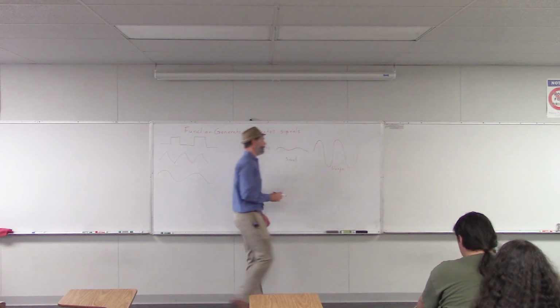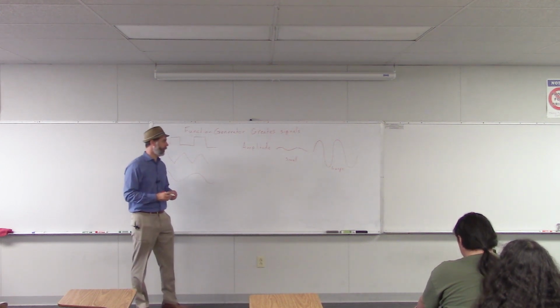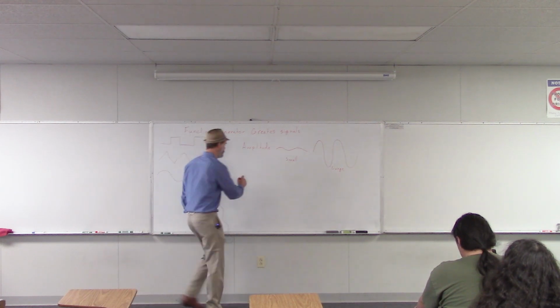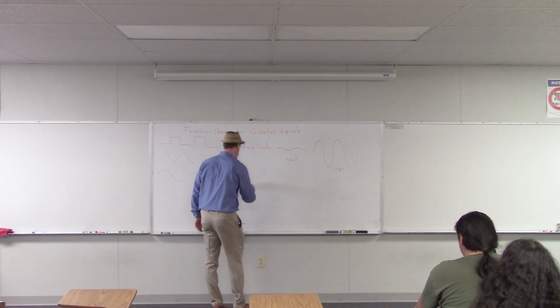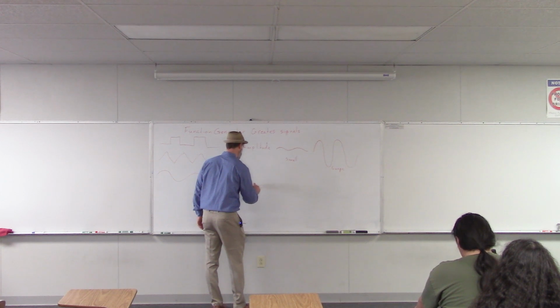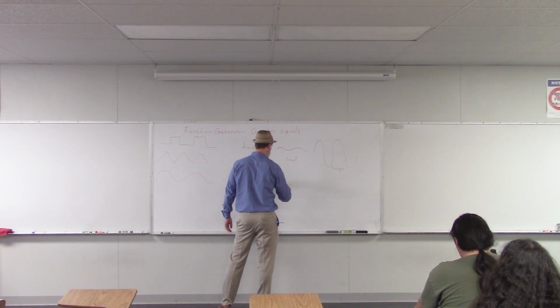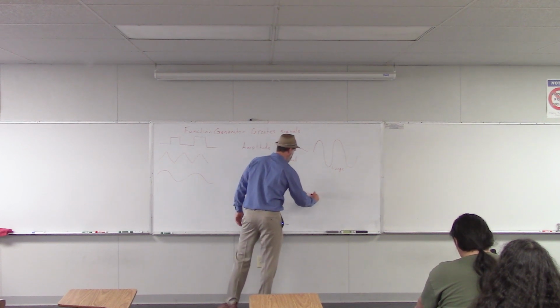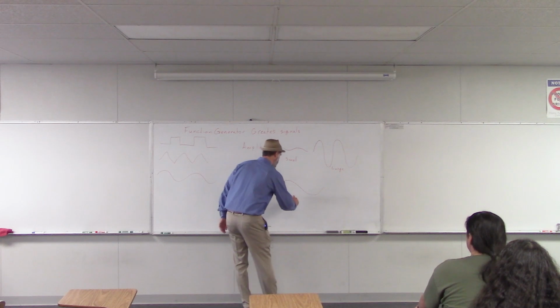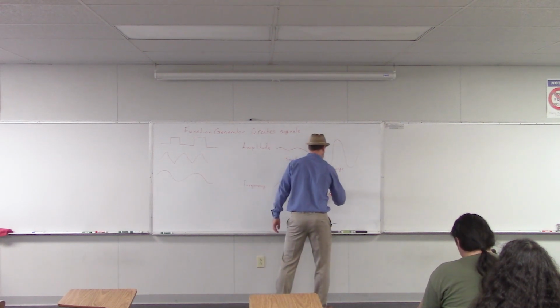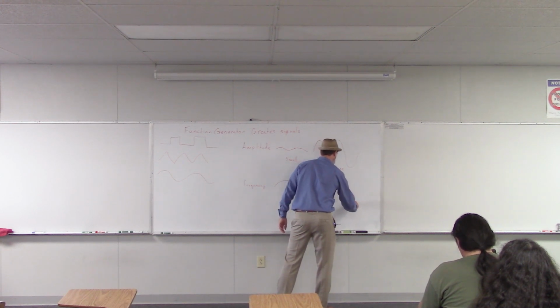And what was the other property that you could change about a signal? Frequency, exactly. You could have a low frequency signal that looked kind of like that, or you could have a high frequency signal that looked more like that.